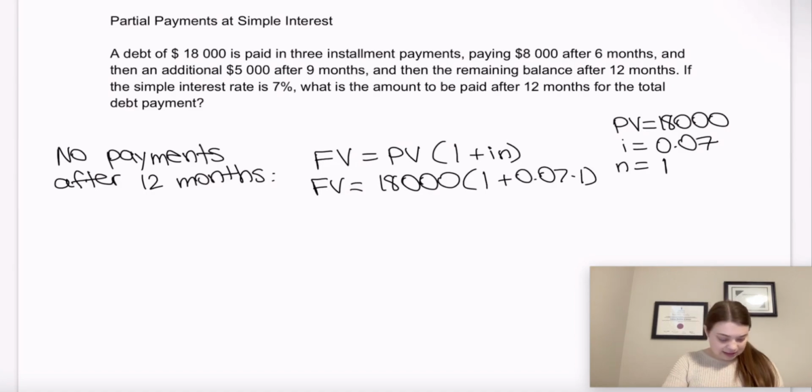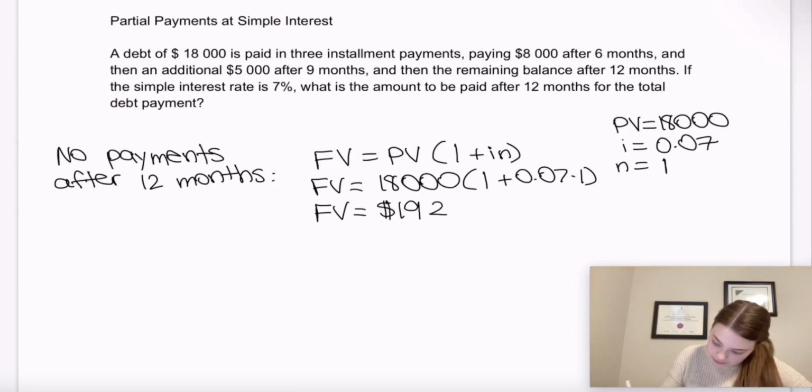So that's 18,000 times 1.07, so 7%. And that is going to give me 19,260. So in other words, let's say that we took out this money and we didn't pay for an entire year. That means that we would owe $19,260.